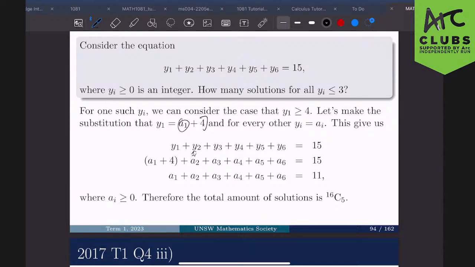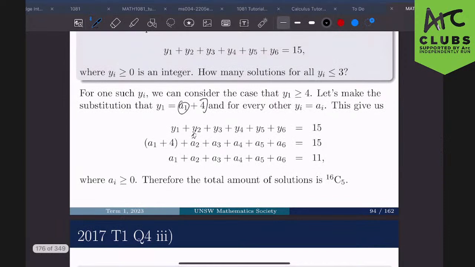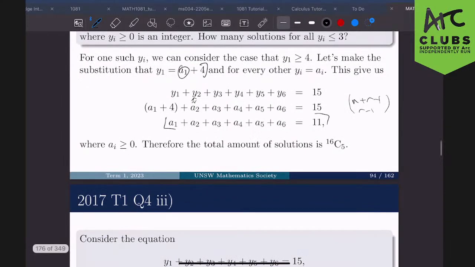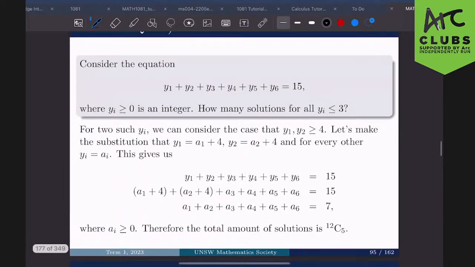It's still going to be the same principle and formula if these remained as y2s and y3s. So this is the case in which one of the y's is greater than 4, and once again we reapply the formula, and that's our number of solutions for y1. Then we just repeat this process again for y2.